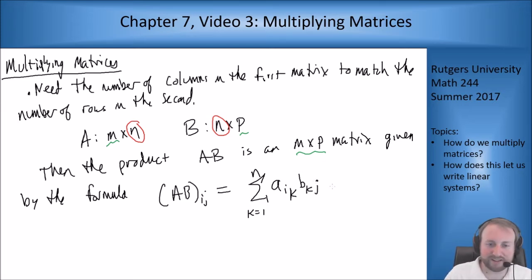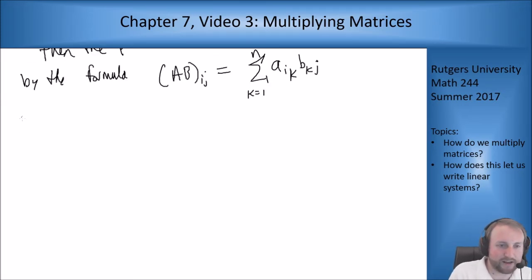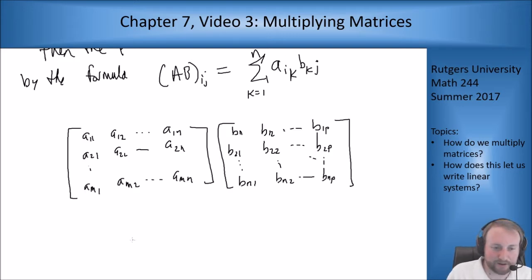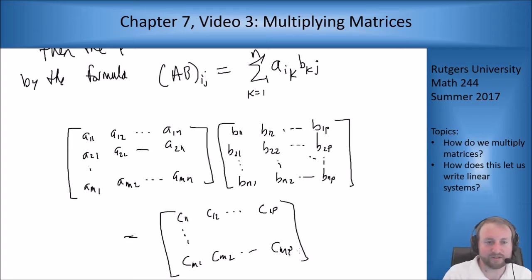Now that's great and all, what does it actually look like? So if I have two matrices, A and B, and I want to multiply them together to get some matrix C, how do I actually compute these entries? So let's say I want to compute C12.